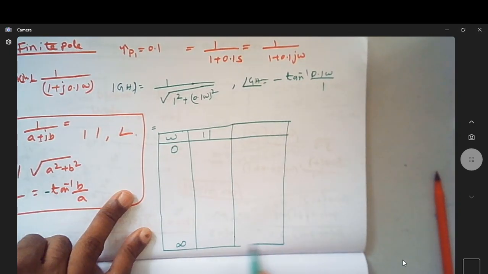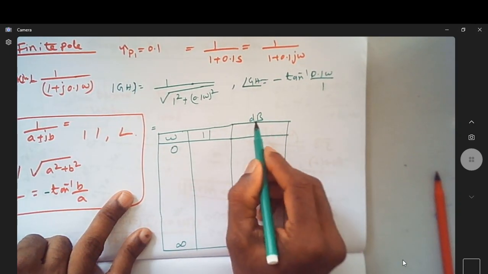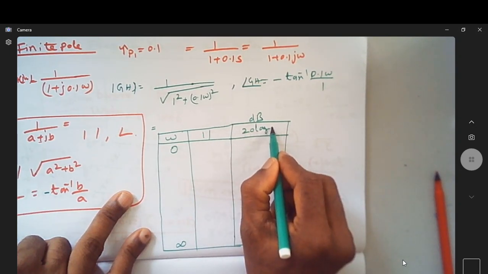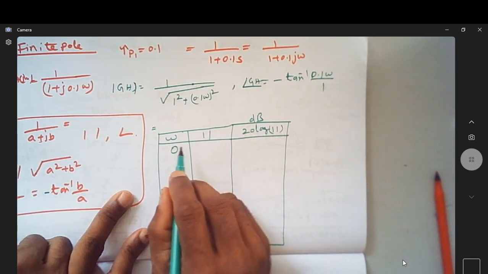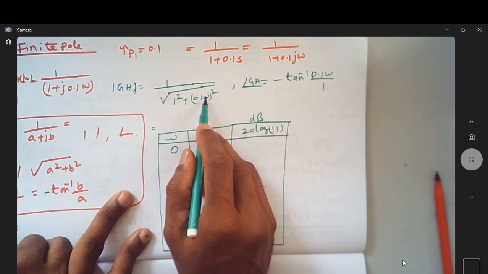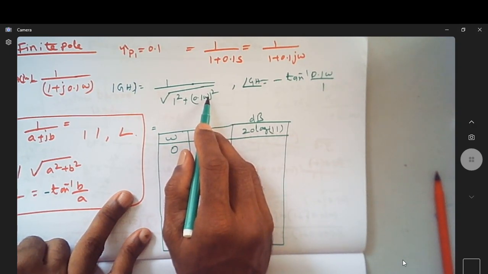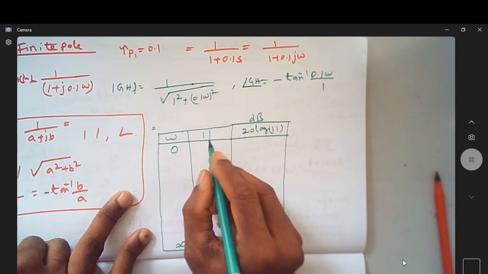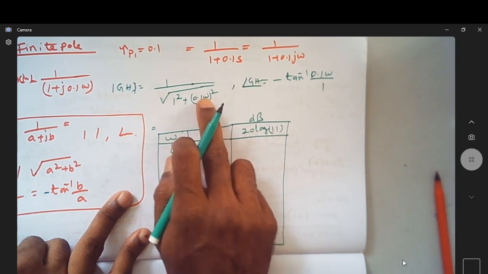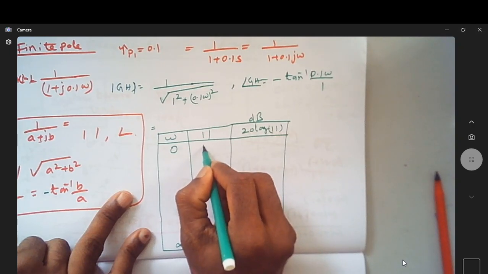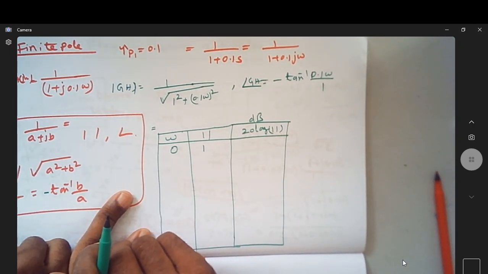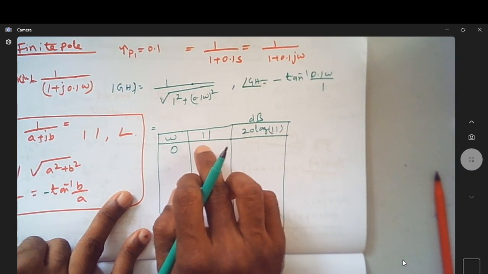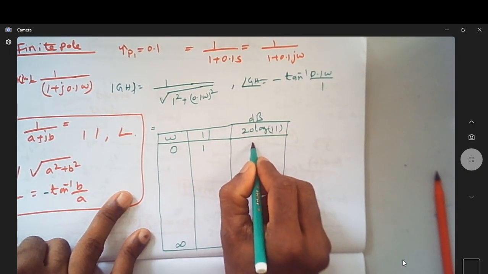Let me put this in dB also. dB is nothing but 20 log of whatever magnitude you get. So if omega is 0, can you see this becomes 0 here? So when omega is 0, it is 1 over 1. Is it not magnitude 1? So when it is magnitude 1, what is 20 log of this magnitude? It's actually 0.